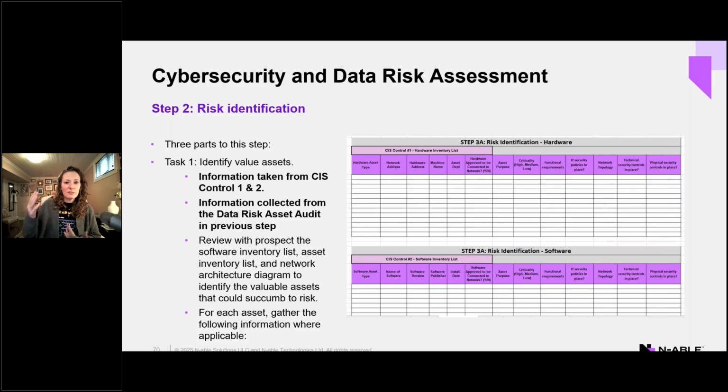Giving it a reading of high, medium, and low. How is that asset used on a day-to-day basis? Are there any existing security policies or controls that are in place to help protect that asset from getting attacked, getting breached? How does it fit into the overall prospect's network? And then are there any technical security controls or physical security controls that are in place currently?